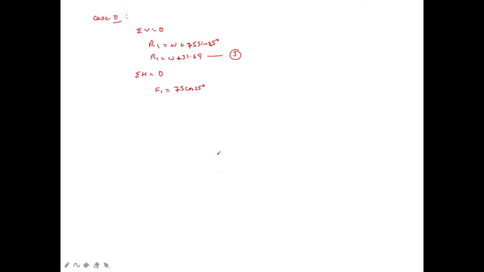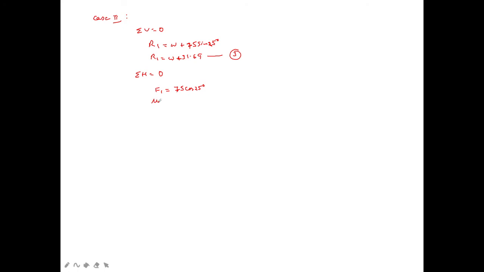There is some error in figure 4.26 second part; the direction of F1 will be opposite. So F1 is equal to 75 cos 25 degree. Now what is F1?